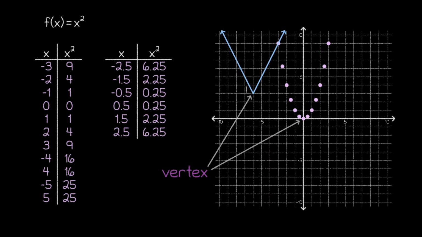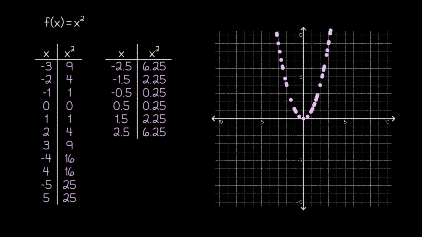The big difference from absolute value graphs, though, is that our graph here doesn't come to a point. Instead, it makes a smooth transition from its downhill phase to its uphill phase, as we can see if we continue plotting points to fill in all the holes in our graph.